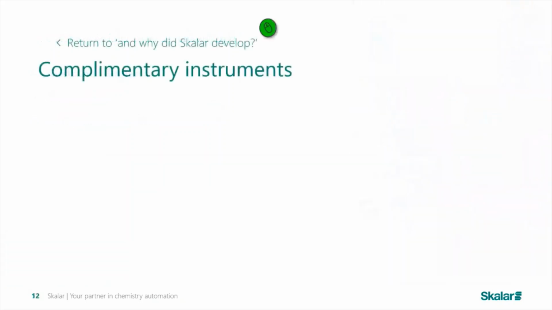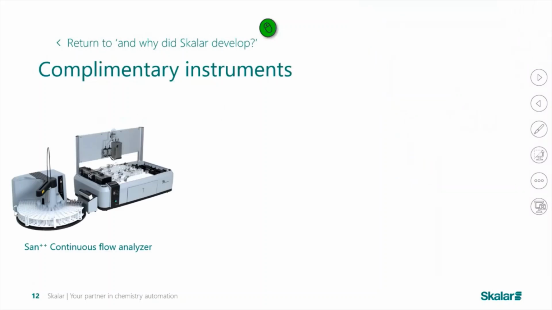And here the first of which is our SAM++ continuous flow analyzer, segmented flow analyzer. And this is a wet chemistry automation platform for the analysis of complex parameters. So that's to say parameters requiring automation of more complicated sample handling steps, such as digestions, distillations, extractions, and so on.